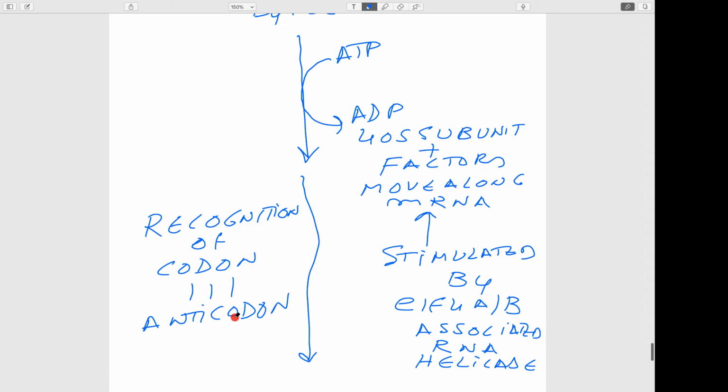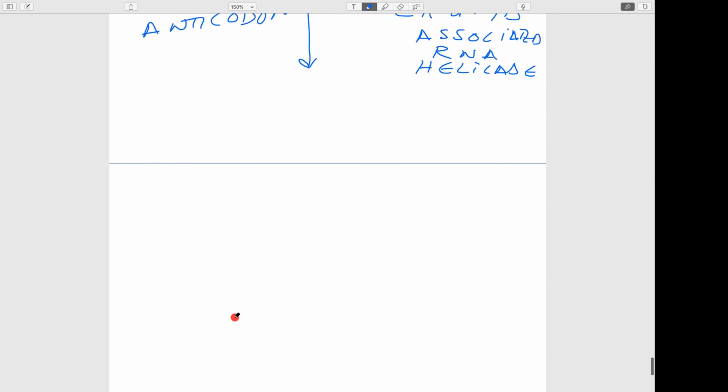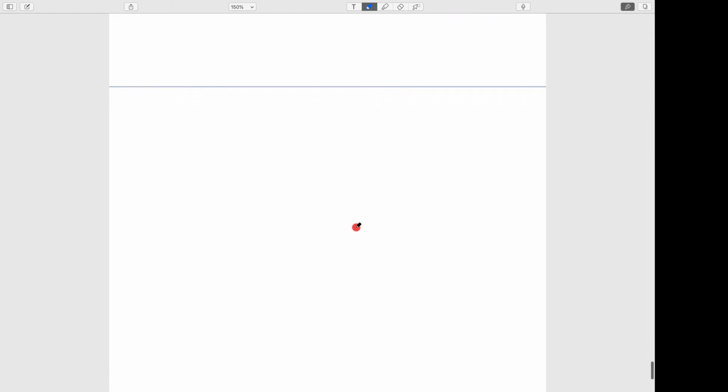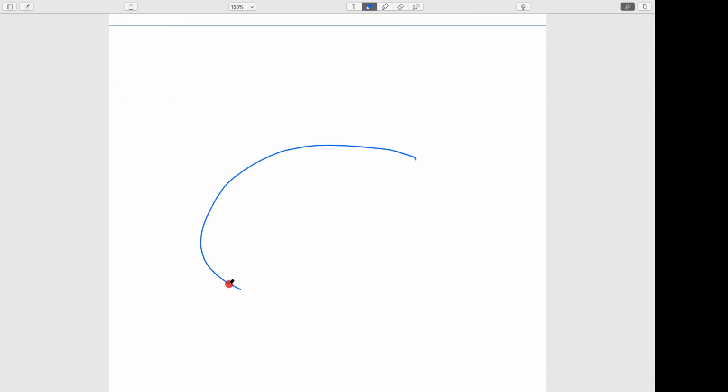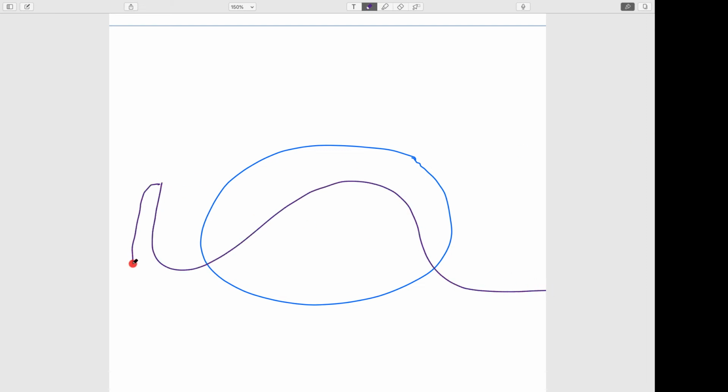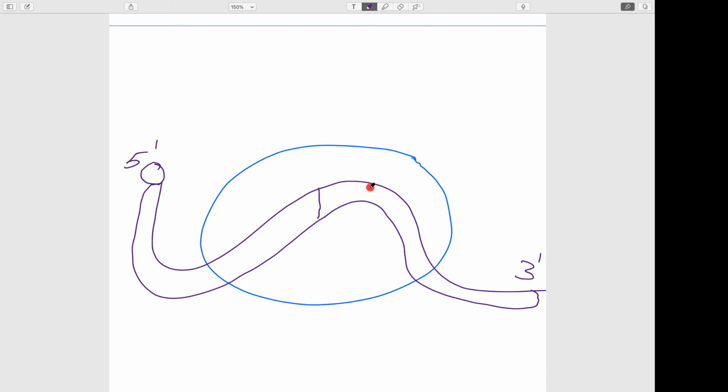So let us see, after finding the AUG codon, how this complex looks like. So again, this is the 40S. Then first I will write this messenger RNA 3 prime, here it is cap, here it is 5 prime, here it is AUG codon.